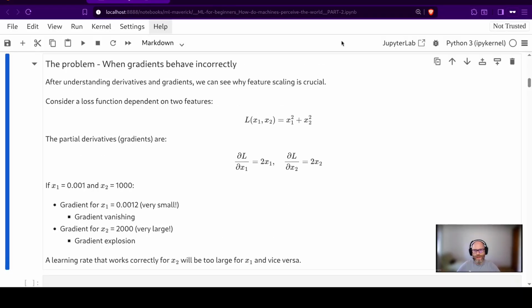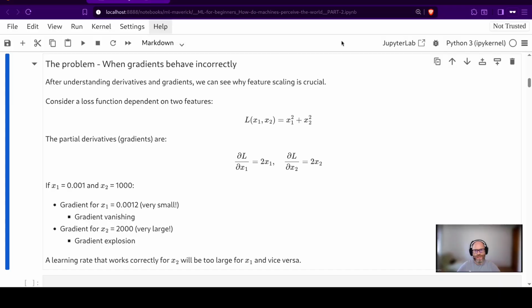The problem: when gradients behave incorrectly. After understanding derivatives and gradients, we can see why feature scaling is crucial. Consider a loss function dependent on two features: L of x1, x2 equals x1 squared plus x2 squared.